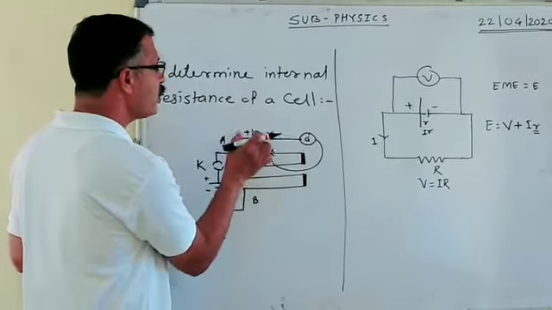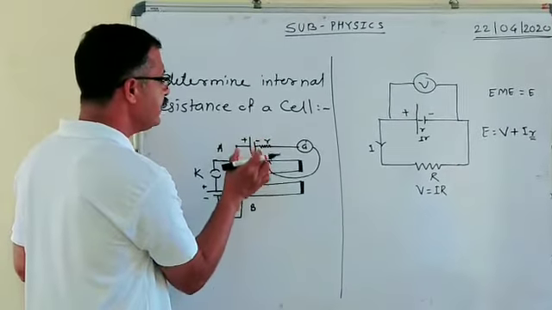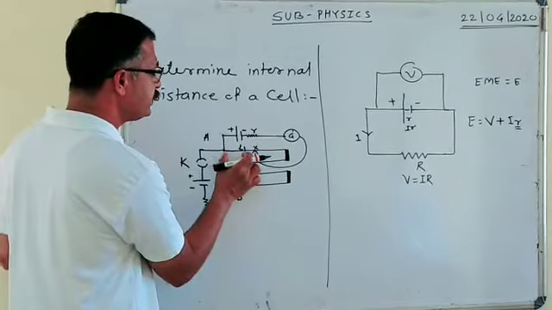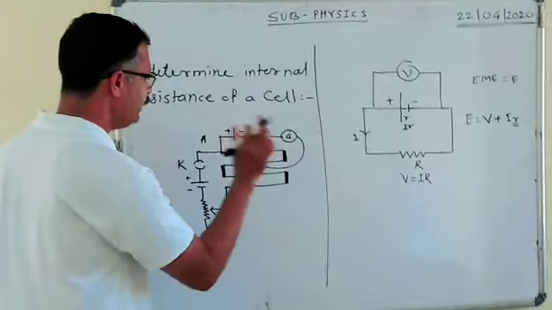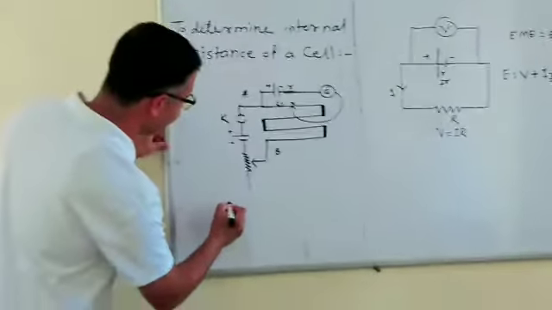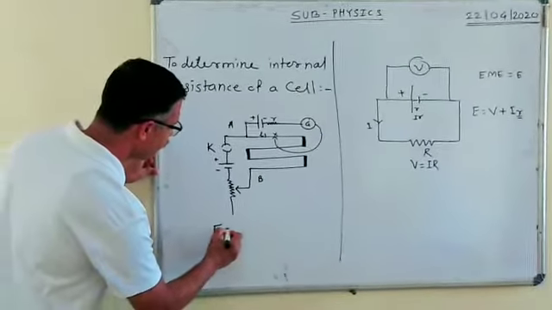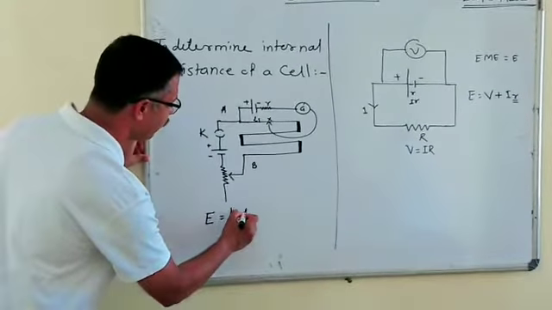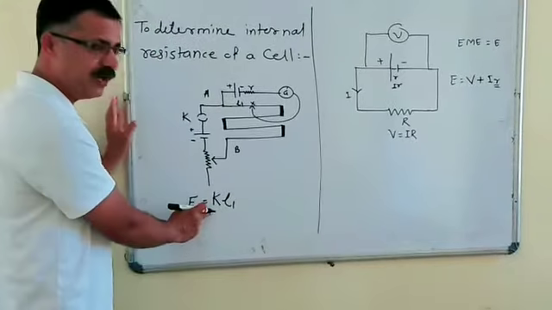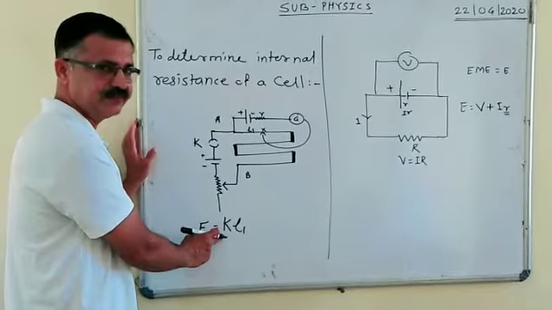It means that the total EMF of this cell is equal to the potential difference across AX. Hence, we can write that the EMF of the cell is equal to K L1, where K is called the potential gradient.